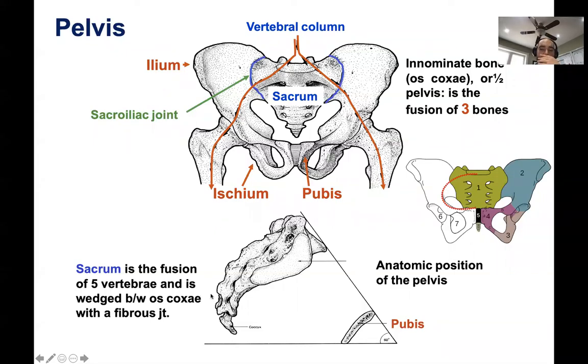Now, one question I have for you guys right now is, do you remember what sits atop the sacrum? We see what's sitting laterally to it: the ilium of the pelvis sits lateral to the sacrum. Do you remember what sits on top of the sacrum over here? What bony structure sits on top? You'll get bonus points if you're more specific. Let's see in the answers what you think.